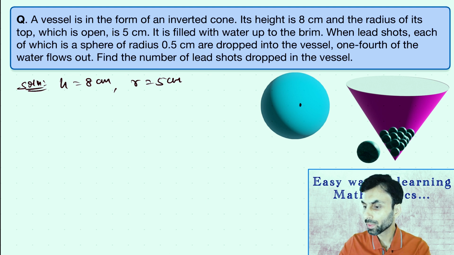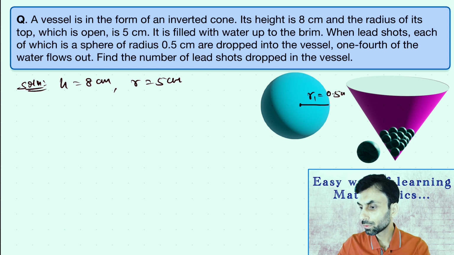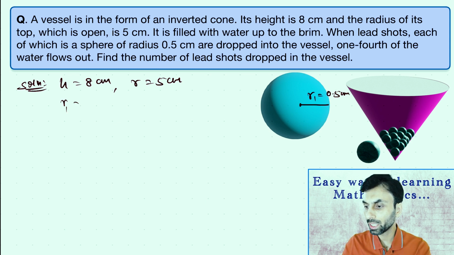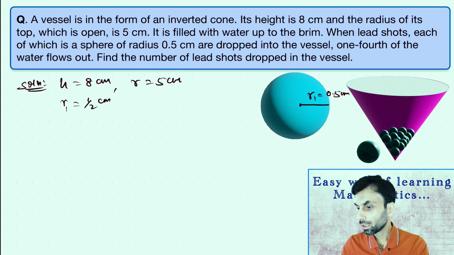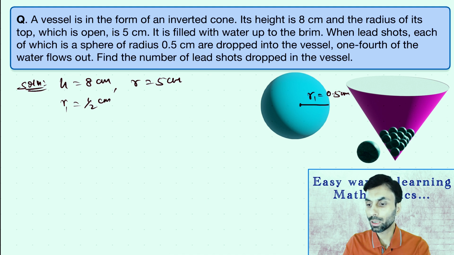So in this case, the sphere has a radius, let us suppose it is R1, equal to 0.5 centimeter. So here R1 is half centimeter. We have to find out the total number of lead shots.